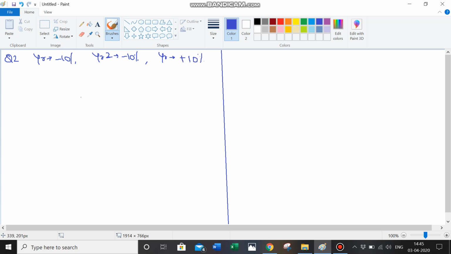Let's look at the formula. Present value will be equal to original value times (1 minus 10 upon 100). The second year it was (1 minus 10 upon 100), and in the third year (1 plus 10 upon 100).